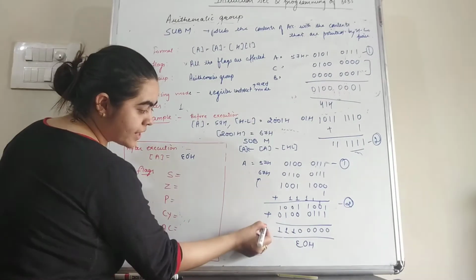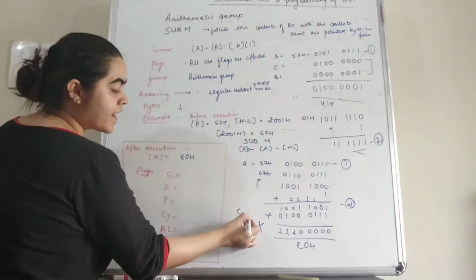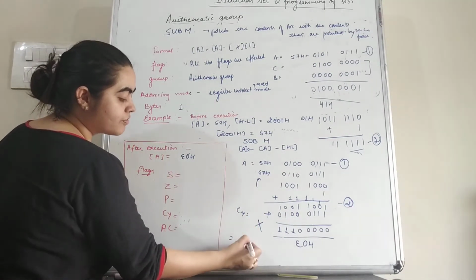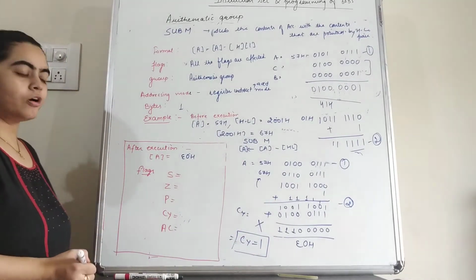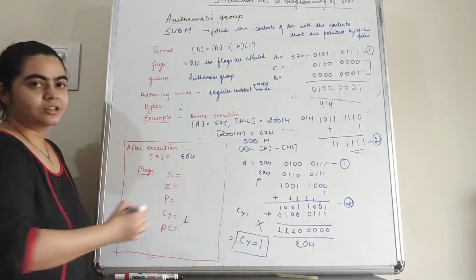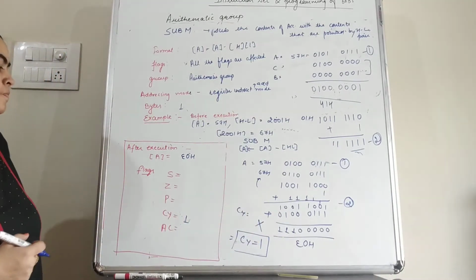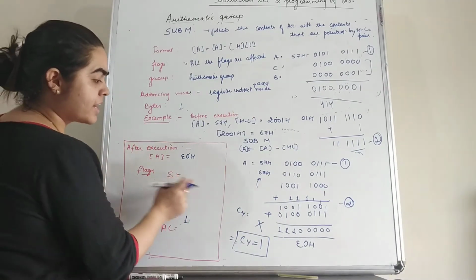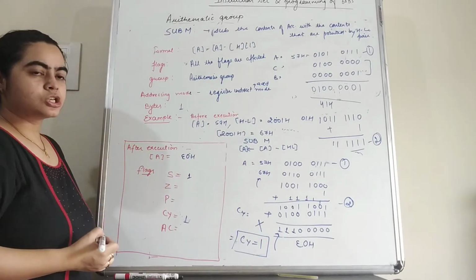So in this example, there is no carry generated. So if no carry is generated, then after execution in the flag register, we can reset the value of carry, because after the result there is no carry generated. Next is sign flag. So here the sign flag is 1 because MSB is equal to 1.